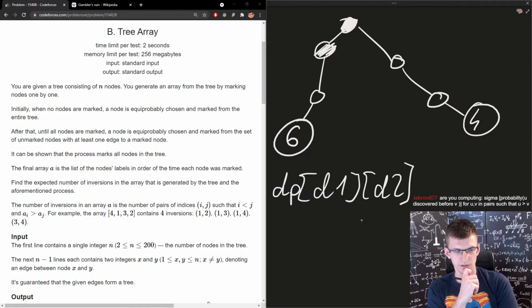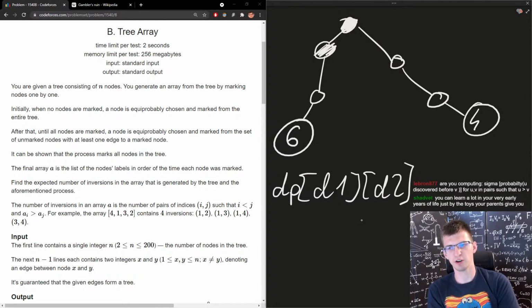Yes, I'm computing probability. Yes, the sum over probability that 6 will go before 4, 2 will go before 1, and so on.